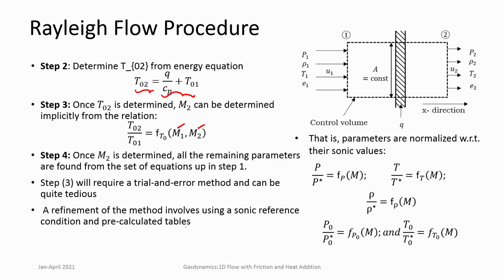Now again, clearly distinguish between all the different processes. The star value that you get in a variable area duct is due to an isentropic process. It is different from the star value you get when Mach number 1 is achieved in a Fanno flow, which is due to friction in a constant area duct.